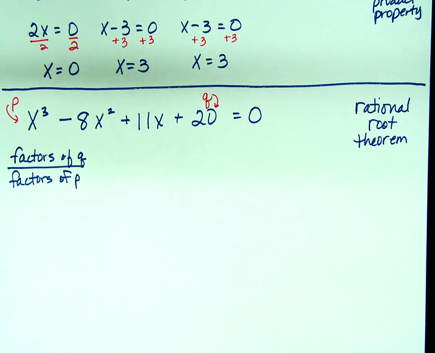What has to be true for my words to work? This equation has to be in standard form, which means all of the exponents are in decreasing order. Highest exponent first, next highest exponent, and so on down the line. And the last term has to be my constant. So we have all the factors of Q divided by all the factors of P.